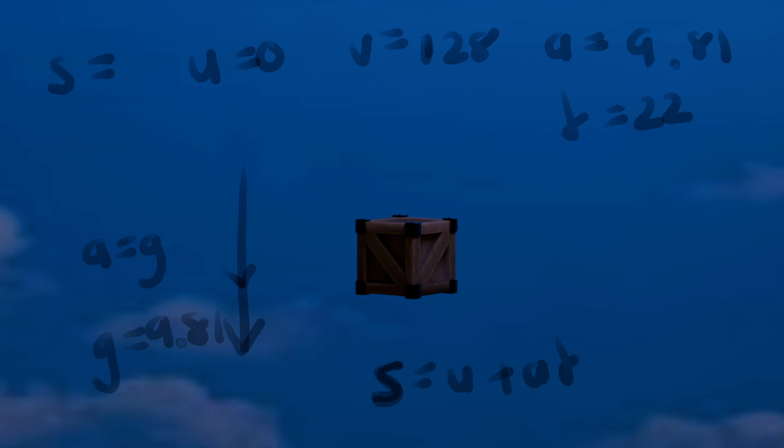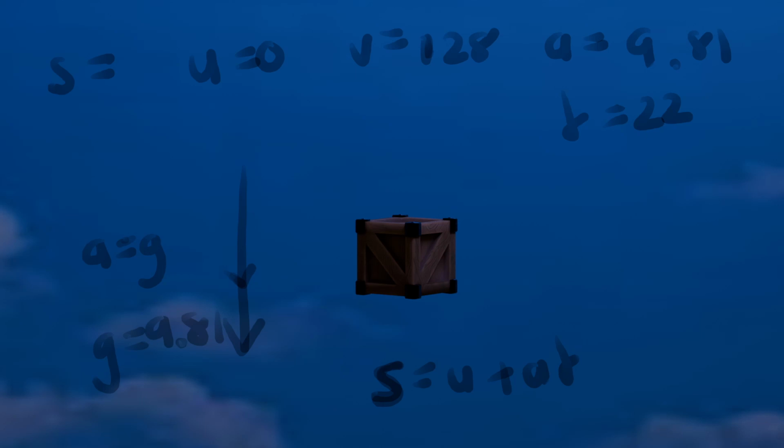The acceleration is 9.81, and we don't know the mass, so we can't calculate the force, but we know the acceleration on Earth, which is 9.81. And so we use that to calculate the distance.